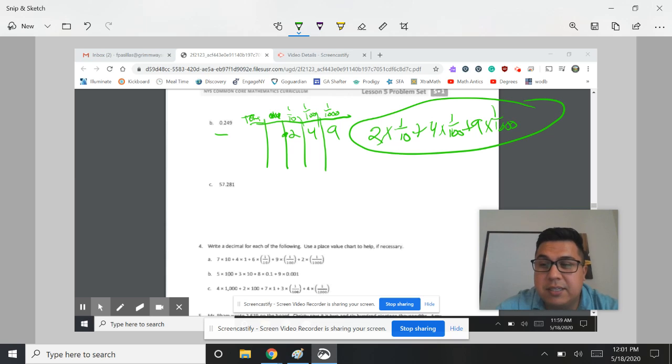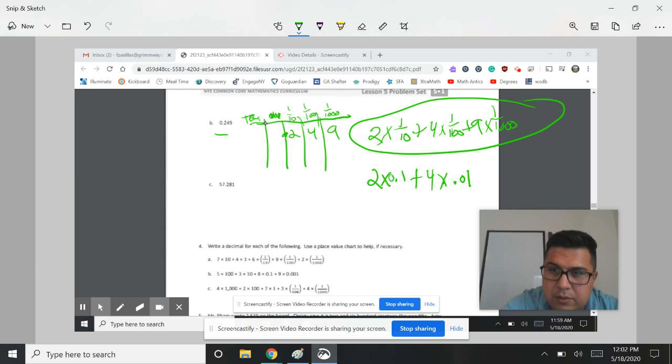Again, you can also put this in decimal form if you want to. All that would look like is 2 times 0.1, you can even put a 0 in front of it if you want, plus 4 times 0.01, and then plus 9 times 0.001.